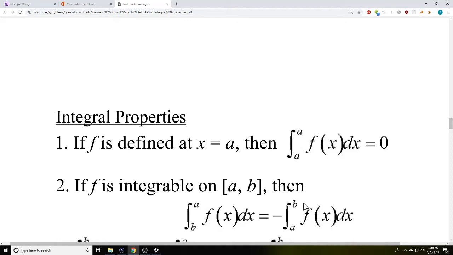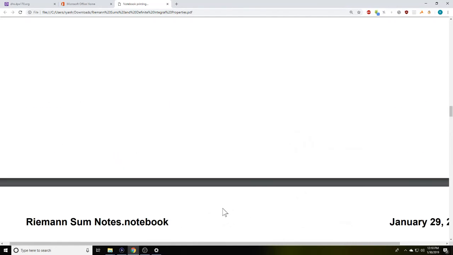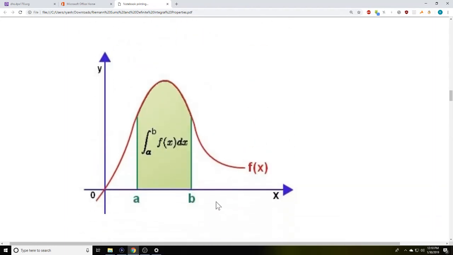Then here's a couple more properties. All right, this is if we switch the bounds, right? Before we have b to a, and now we have a to b. This is a kind of way of measurement. If instead of reading from left to right, we start reading from right to left, then it becomes the opposite of that area.